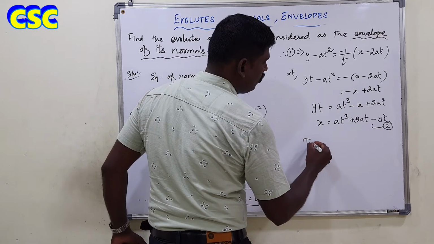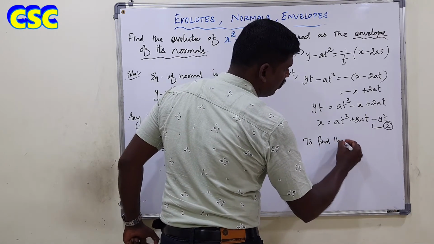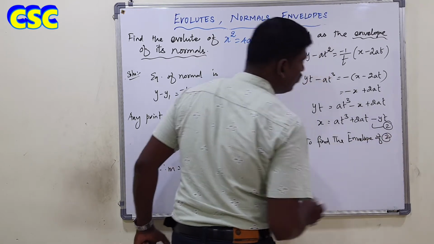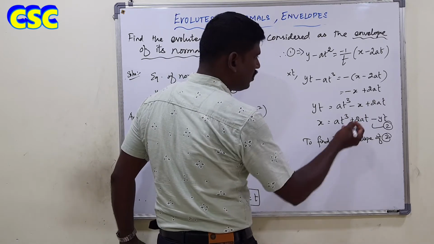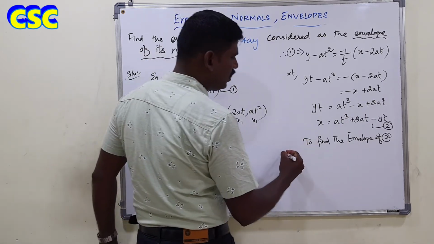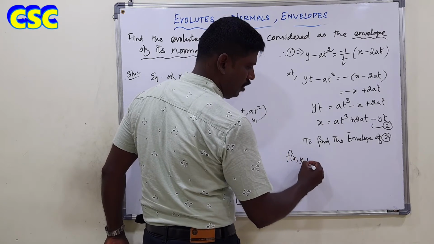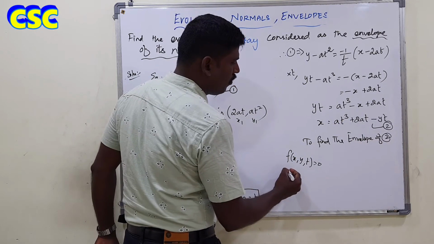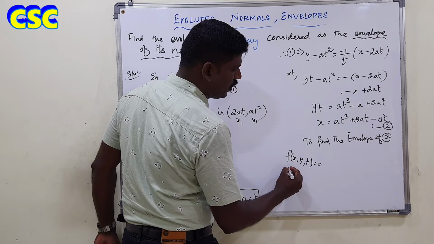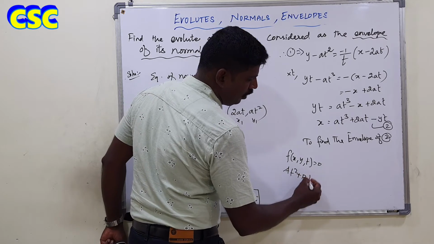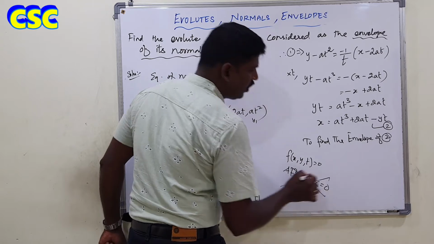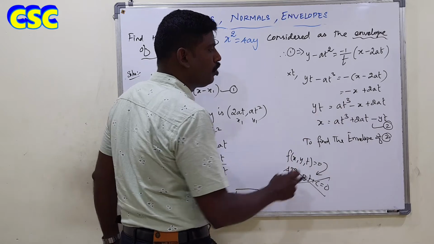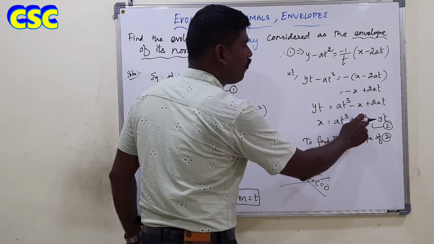To find the envelope of 2, taking this equation in the form of f of x comma y comma t equal to 0, we can rewrite this equation as a quadratic equation in t, that means at square plus bt plus c equal to 0. We can't rewrite this equation into a quadratic equation in terms of t. That's why I am going to method 2, taking partial derivatives of 2 with respect to t.